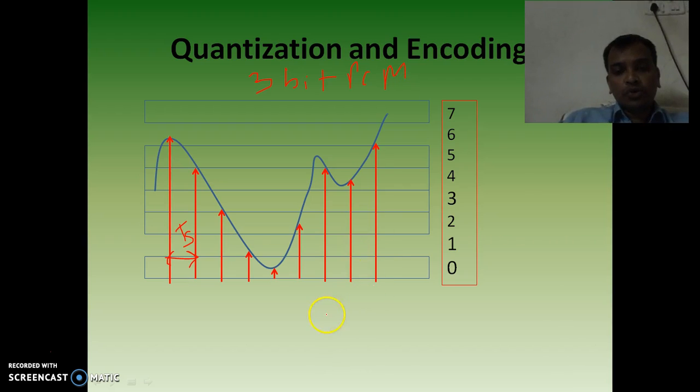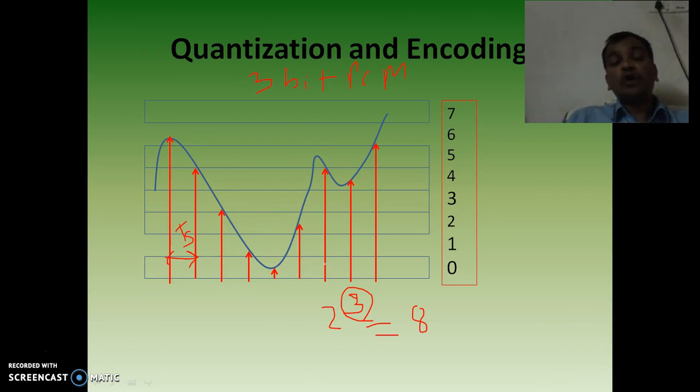So 2 raised to 3 becomes 8. Each pulse here, if you assign 3 bits, becomes a 3-bit PCM. The continuous signal is first discretized in time, and then we have to completely represent it in the form of a binary signal, that is ones and zeros. So we need to use an encoding scheme.